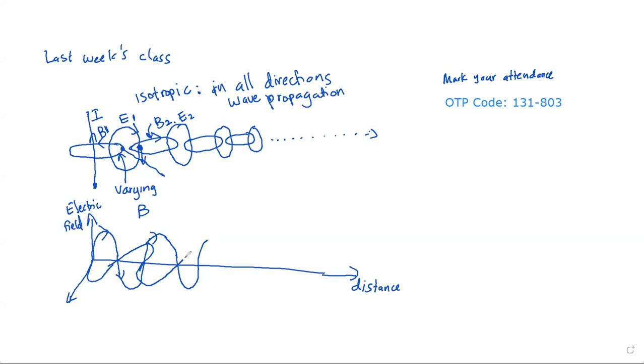So this happens without the presence of a north pole and south pole in the matter. We don't have a magnet, but the magnetic field is created by the electric field.